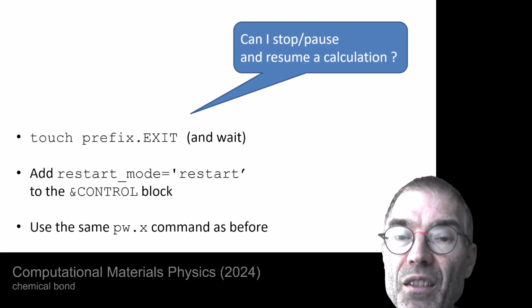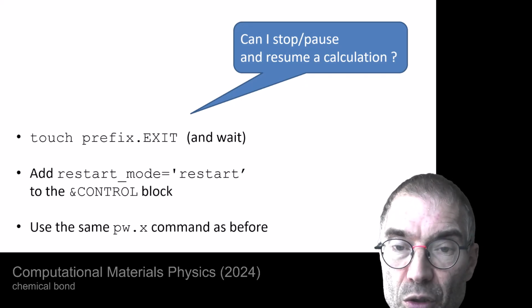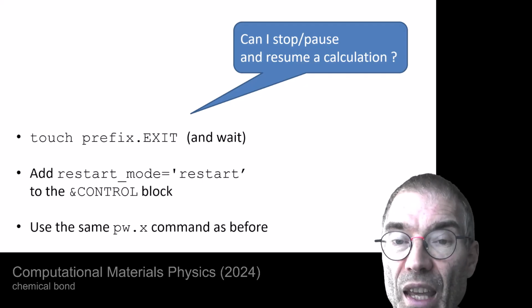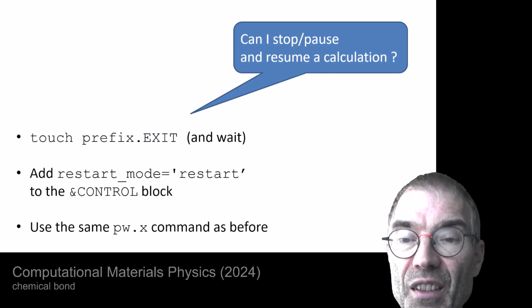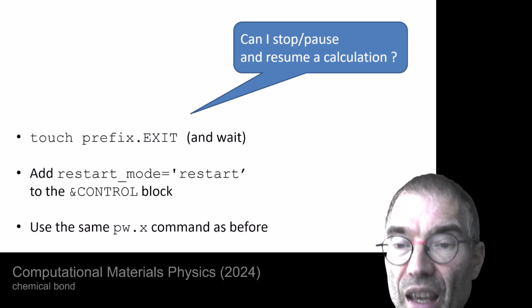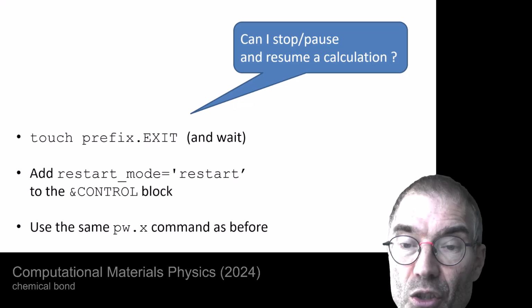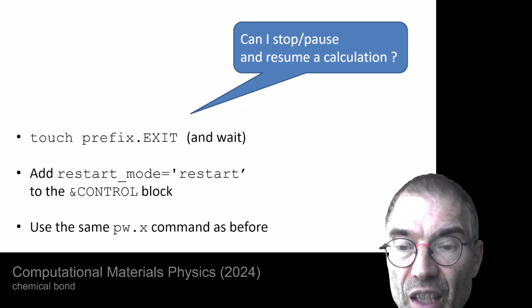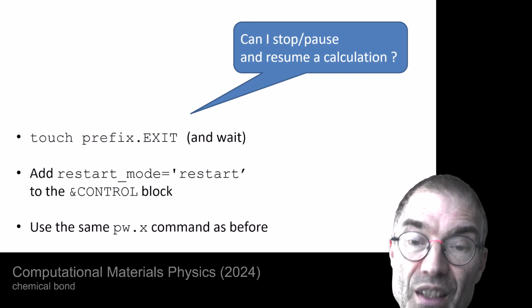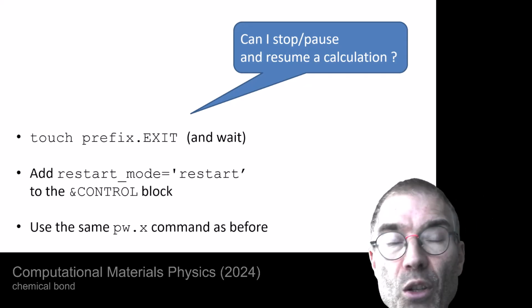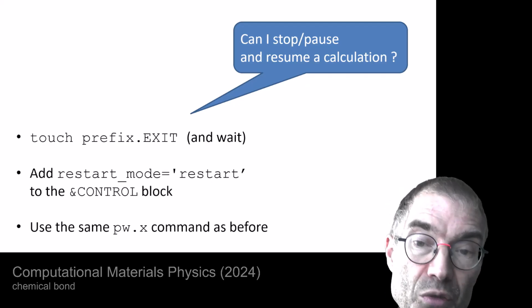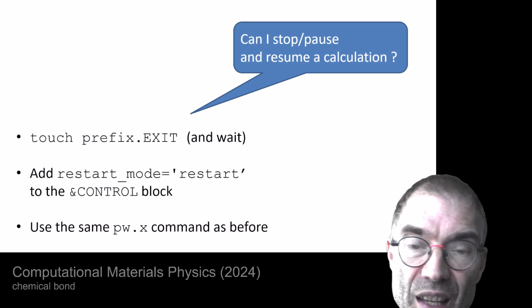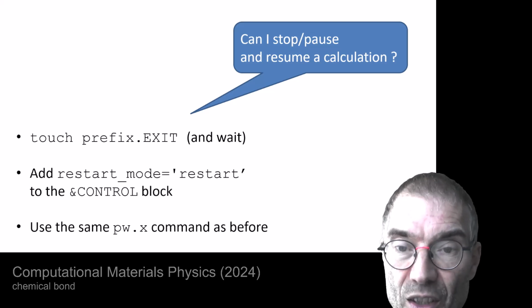If that file is present, then your calculation will stop in a clean way once it reaches the next electronic iteration. And if you then later use in the control block restart mode equals restart, and with using exactly the same pw.x command, then you can continue that calculation at exactly the same point where you had stopped it.